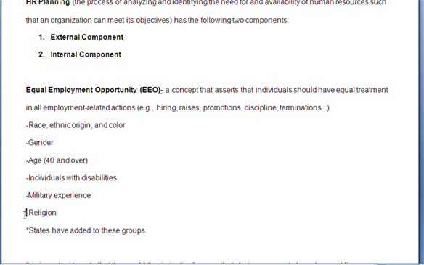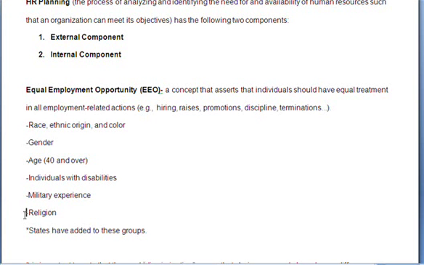Now, some of you may be thinking, wait a second, this guy's crazy, because some companies, don't they give preferential treatment to certain groups? Well, you're probably thinking of something called affirmative action. We don't really talk much about affirmative action in this class, but it is different than equal employment opportunity. Affirmative action pertains to a smaller set of companies.